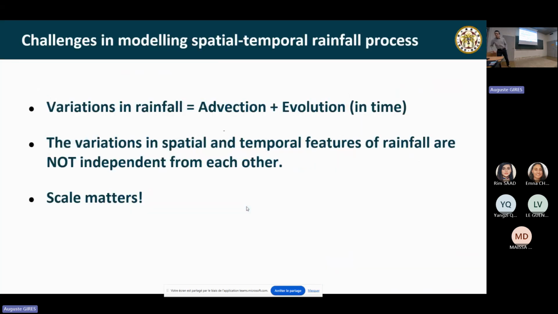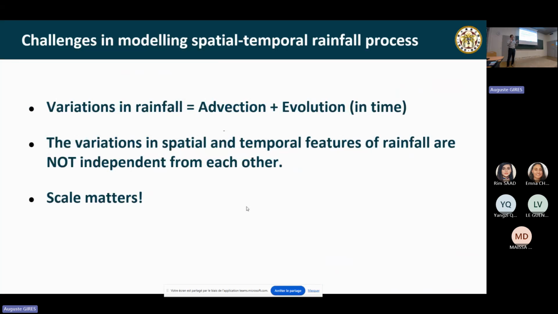Before we look into the techniques, I think there are three key challenges or very important points we need to keep in mind when we talk about rainfall nowcasting or spatial temporal rainfall modeling. The first thing is the variation in rainfall actually includes two parts. The first part is the one resulting from advection, that means the movement of your storm, the movement of your rainfall field. But the second part is evolution.